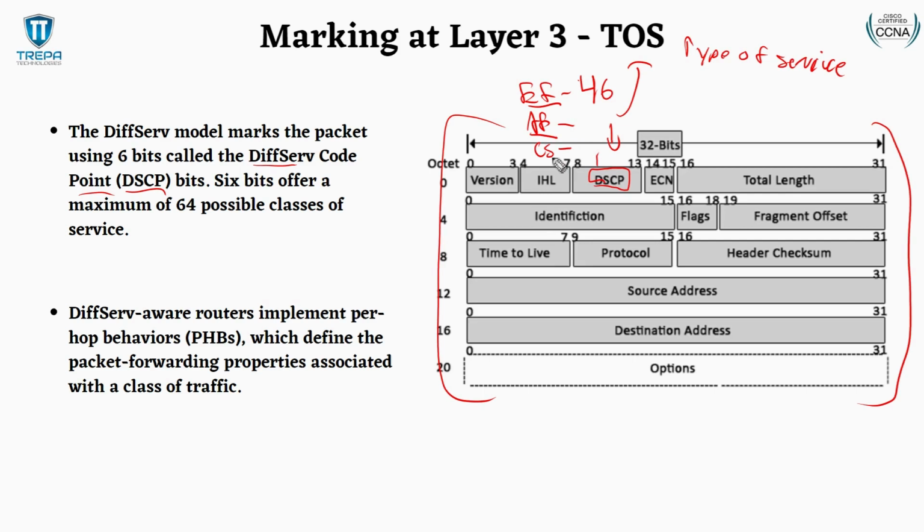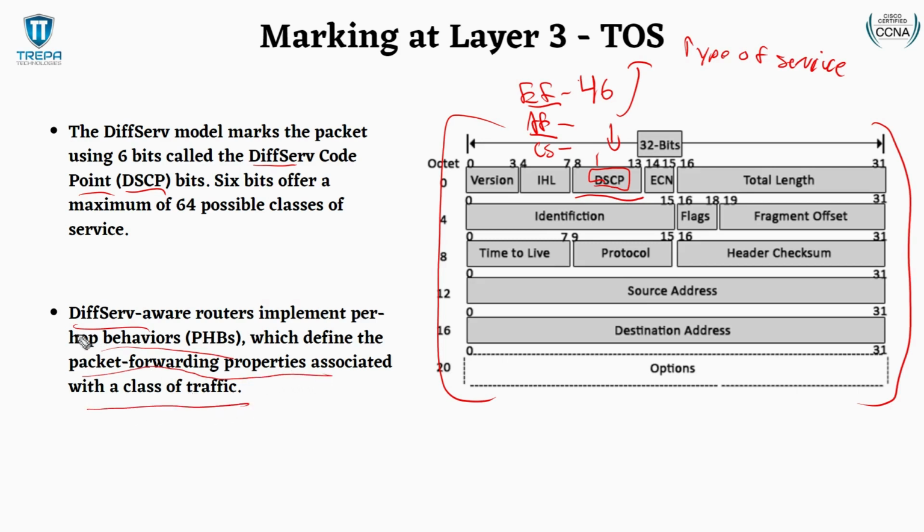All right, so let's dive into this, because this TOS byte can be pretty complex, and it goes through how QoS came about and the historical value that we need to go over. Before we move on, this last bullet point: DiffServ-aware routers implement per-hop behaviors, which define packet forwarding properties associated with the class of traffic.